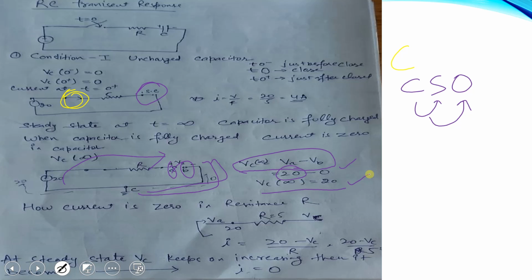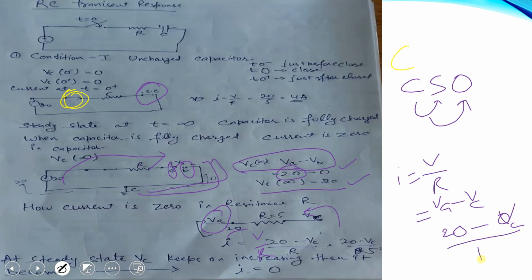And how the current is 0 in the resistance, this is shown in this figure. We are having the voltage Va 20 and voltage from here Vc is 0. I is equals to V upon R, but we are finding current across two terminals A and C. Then it is 20 minus Vc upon R. When the capacitor is fully charged, we are having the same voltage, so 20 minus 20 upon 5 is equals to 0.